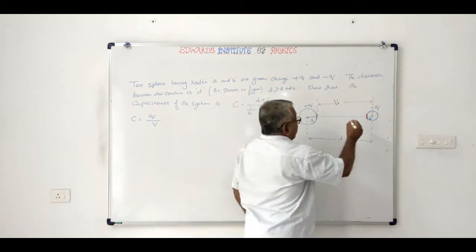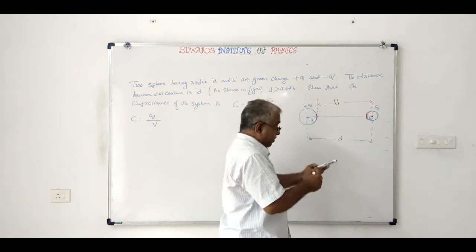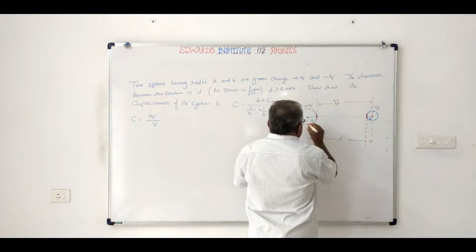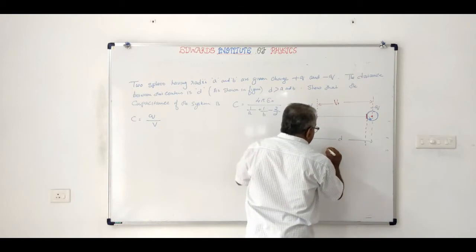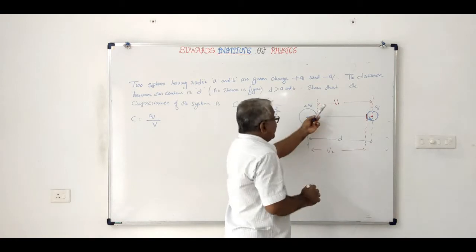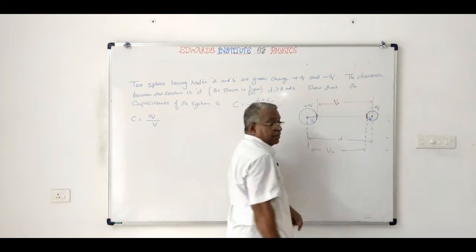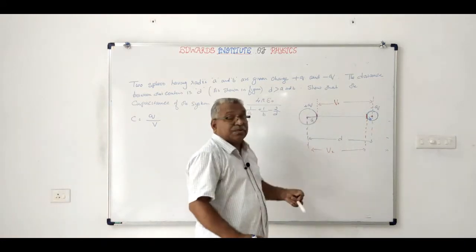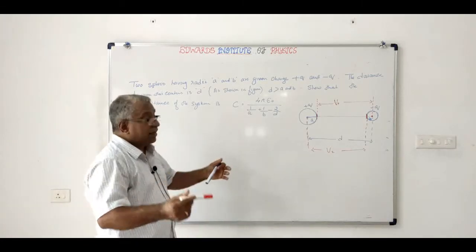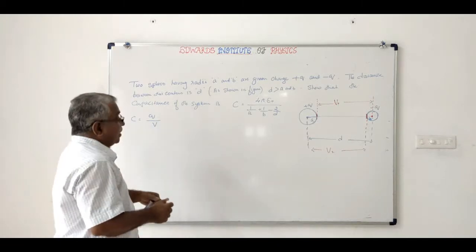Imagine that the potential created at this point by plus Q is V1. The negative charge creates a potential here, that is V2. Then V1 minus V2 will give the potential difference between these two spheres. V1 minus V2 will be V. So you have to find V1 and V2, subtract them, then apply the formula C equals Q by V.